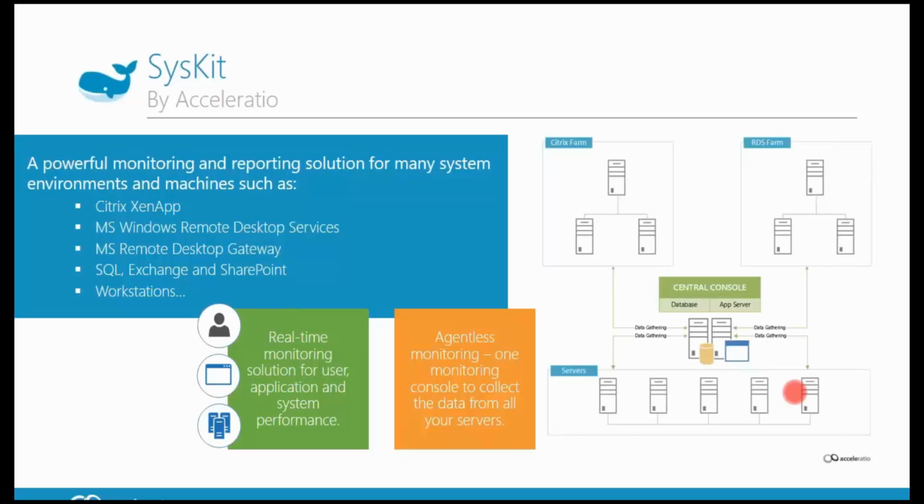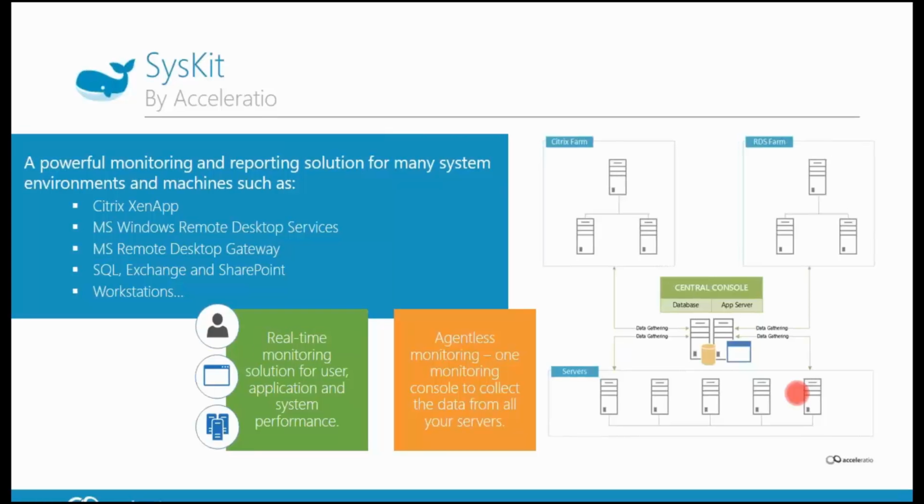In case you're running a larger environment and you have multiple data centers that are distributed in different regions or different countries, you might have to deploy something we call a data gatherer. So this is a dedicated agent that sits in a different data center and then collects data from this particular data center and servers that are not located on a central location.